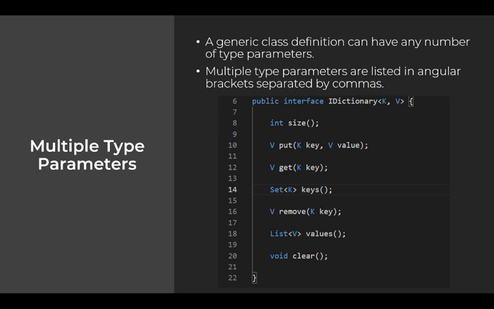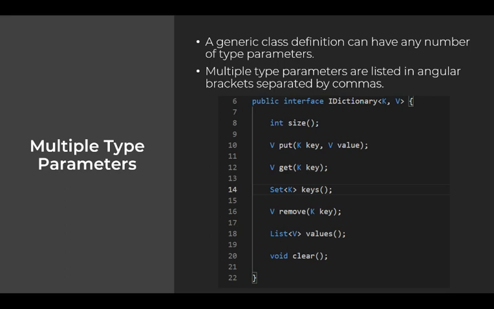Here, I define an interface IDictionary, where it's going to have the first parameter of type K and the second parameter of type V. And then I can use these two types wherever I need inside the interface. For example, in line 10, the method put is going to take two parameters, one of type K and one of type V, and it's going to return a value V. Similarly for get.